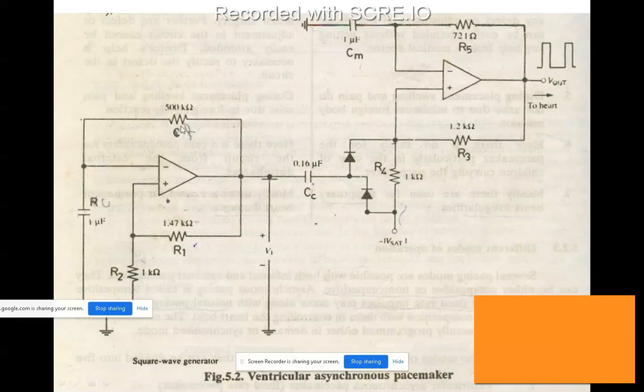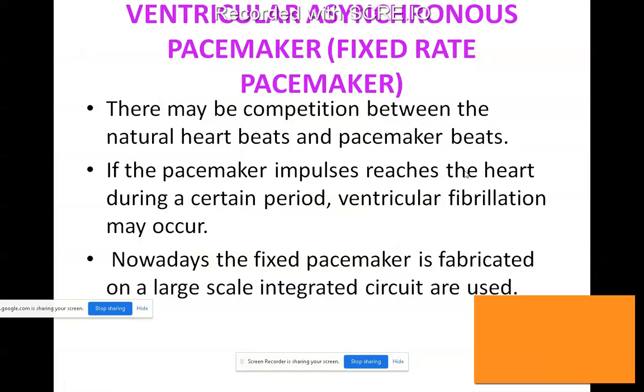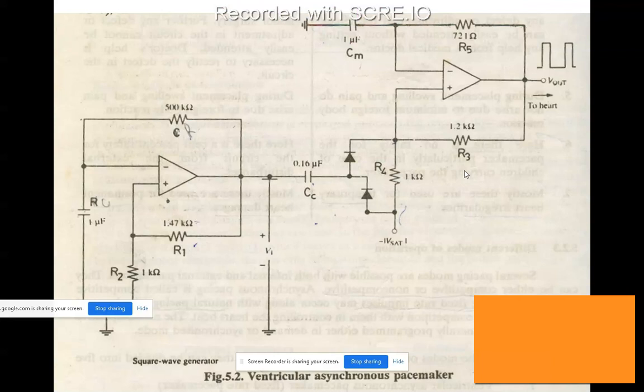With the help of an op amp, resistors and capacitors, you are going to design the entire pacemaker. So by selecting the value of resistors and capacitors, you will be changing the heartbeat rate.